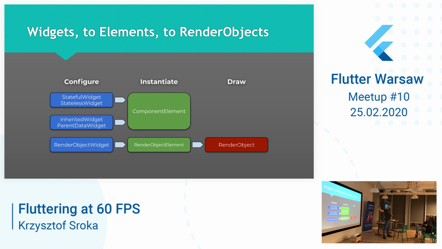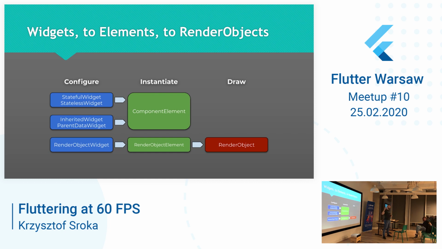These get an instance of the component element, which doesn't have a render object. Simply, it manages different elements to do something extra, pass the data, configure these other elements.